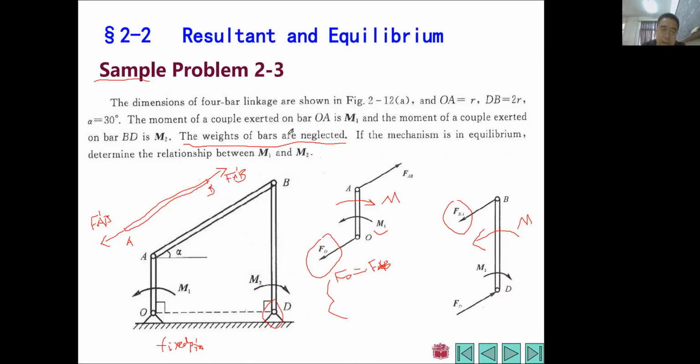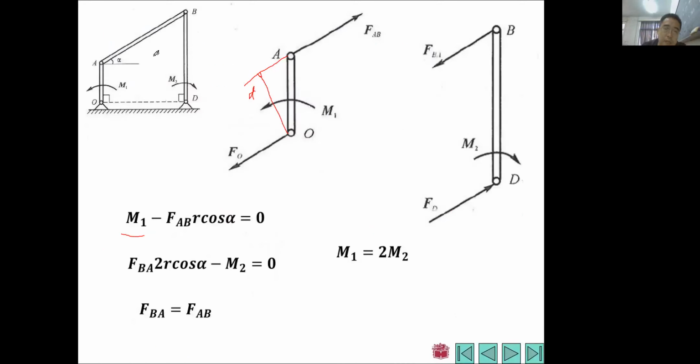So it must be negative, right? If I draw a line, I try to get its distance D. We have the information that this is alpha.